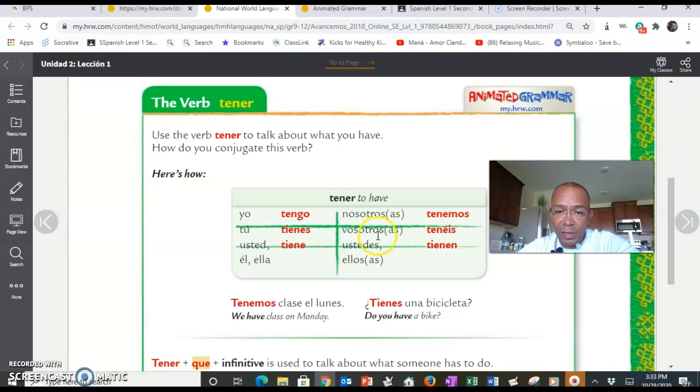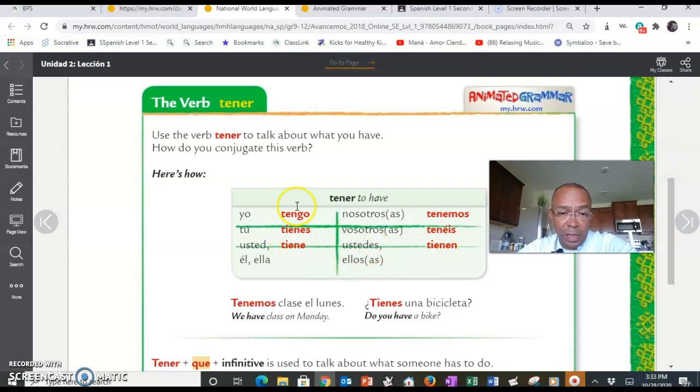Vosotros tenéis, using the informal vosotros form of you all. Tenéis, you all have. Ustedes tienen, all of you have. Ellos tienen, they have, bunch of males. And ellas tienen, a female form for plural. Ellas, a group of girls, they have.